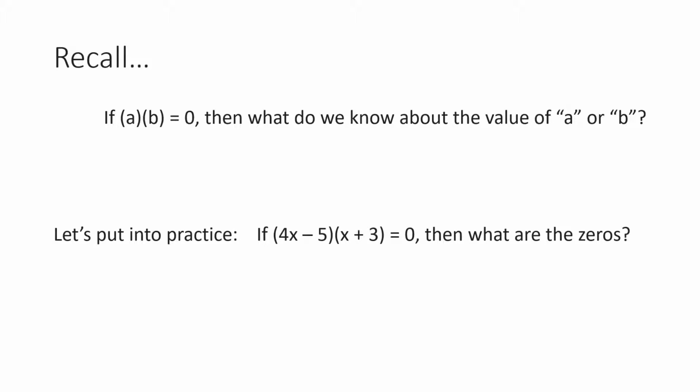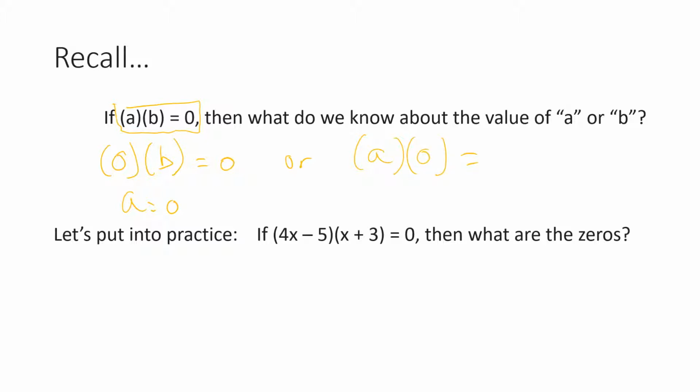Please recall that if we take two quantities and multiply them together and get a product of 0, that is, if I have some quantity A times B and the result of that multiplication is 0, then that will occur when we have 0 times some quantity B, because anything times 0 is 0, so A could equal 0, or A could be some value and B will be 0.